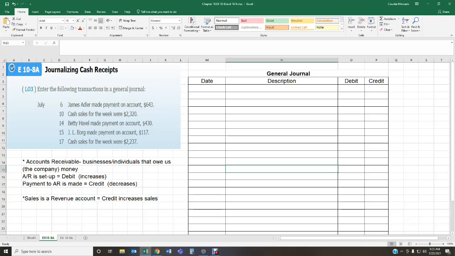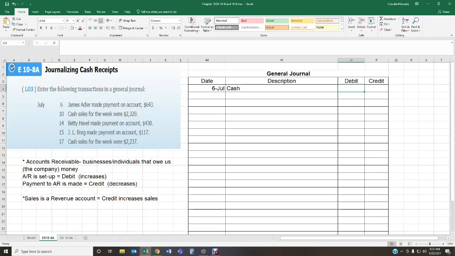So what did we receive? Well, first we put the date. This is July the 6th. James made a payment, so he made me a check. Now what do I have? I have cash. I received cash from James, and this could be in the form of actual physical cash, or it can be in the form of a check. It can be in the form of a credit card. It doesn't matter as long as a payment is made.